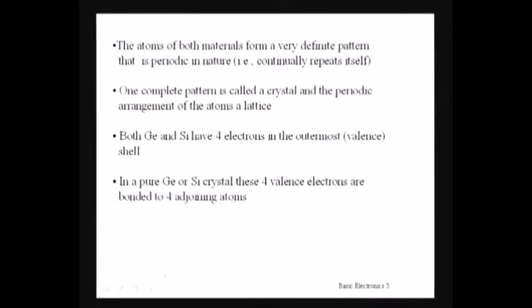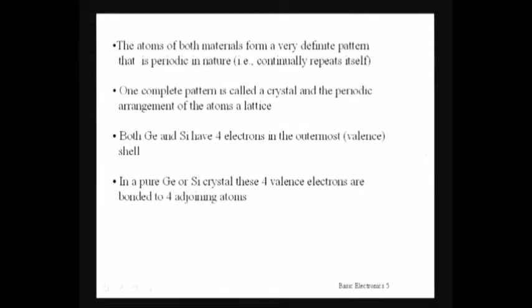The atoms of these materials, like germanium and silicon, have a very definite pattern that is periodic in nature. That is, it continuously repeats itself, and one complete pattern is called a crystal, and the periodic arrangement of the atoms is a lattice. Both germanium and silicon have 4 electrons in the outermost orbit, which are called valence electrons.